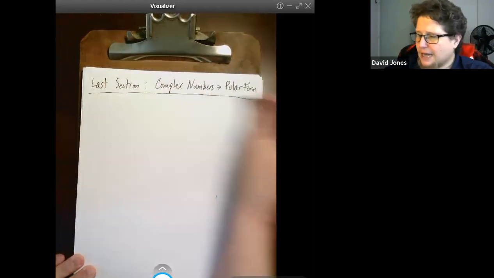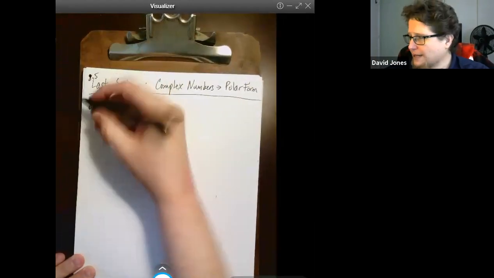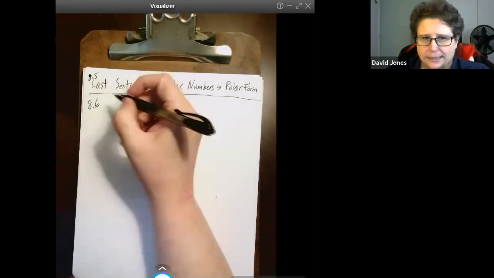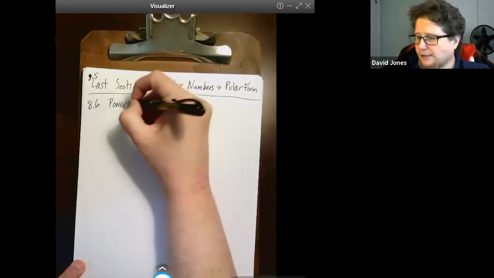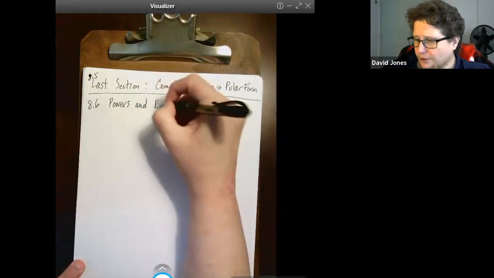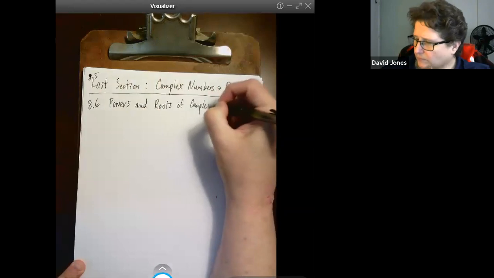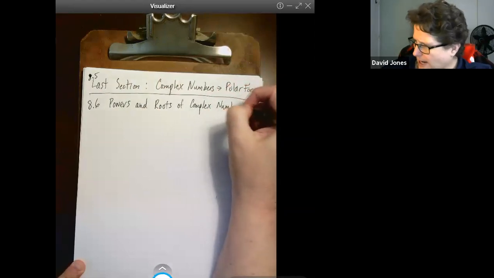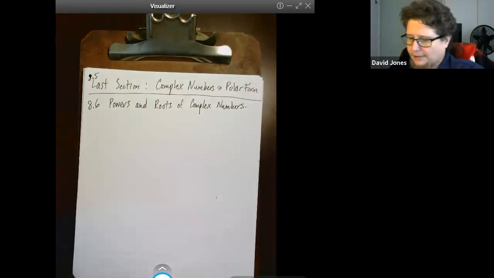Okay, that was 8.5. We're going to expand on that a little bit in this section. 8.6 is on powers and roots of complex numbers, and something called de Moivre's theorem.